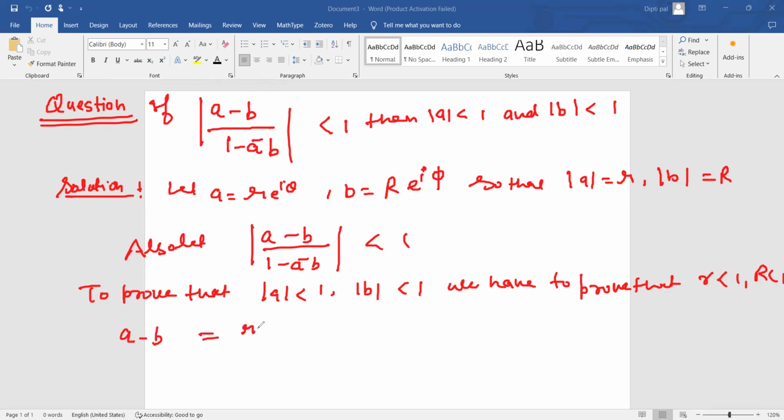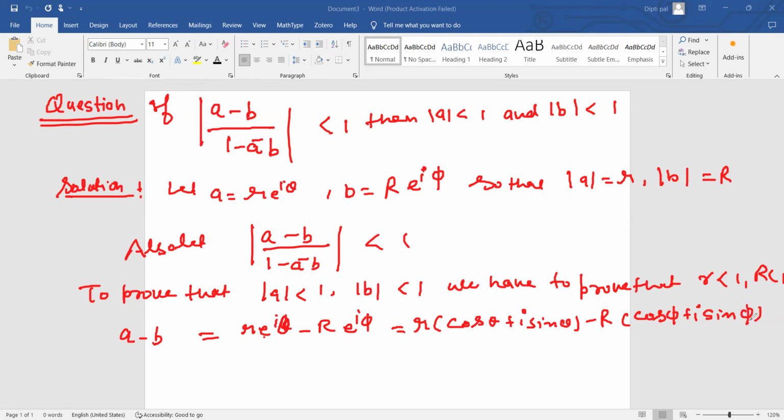It will come r e to the power i theta minus capital R e to the power i phi. So by Euler's rule we can write it as r cos theta plus i sin theta minus capital R cos phi plus i sin phi.